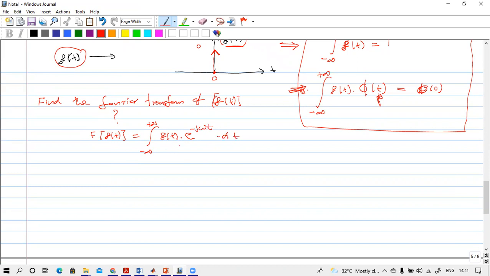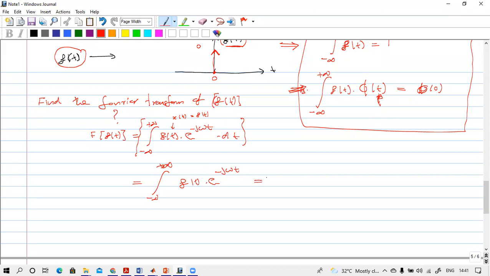This is the definition of the Fourier transform, no? Normally this is x t, and now our x t is equal to delta t, so I directly substituted delta t here. So we have to evaluate this integral.